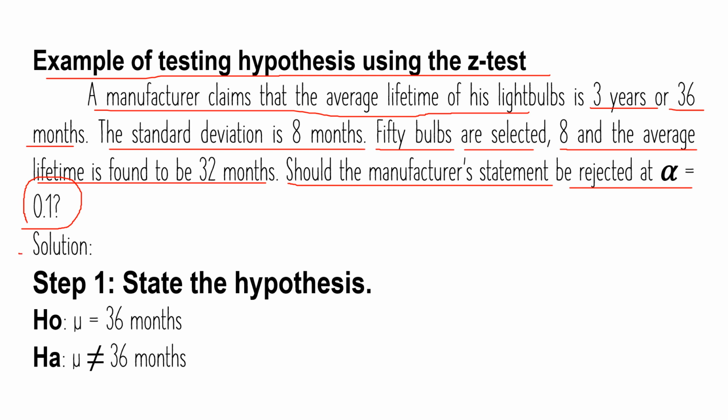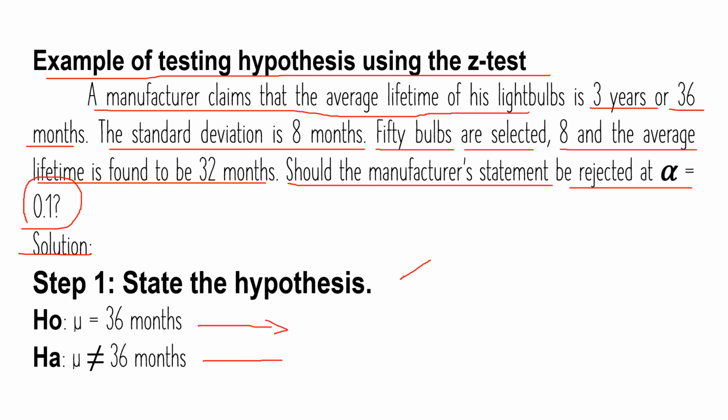So our solution now, we need to state first your hypothesis. In your null hypothesis, we assume that your mean is equal to 36 months because we are dealing with 3 years or 36 months.